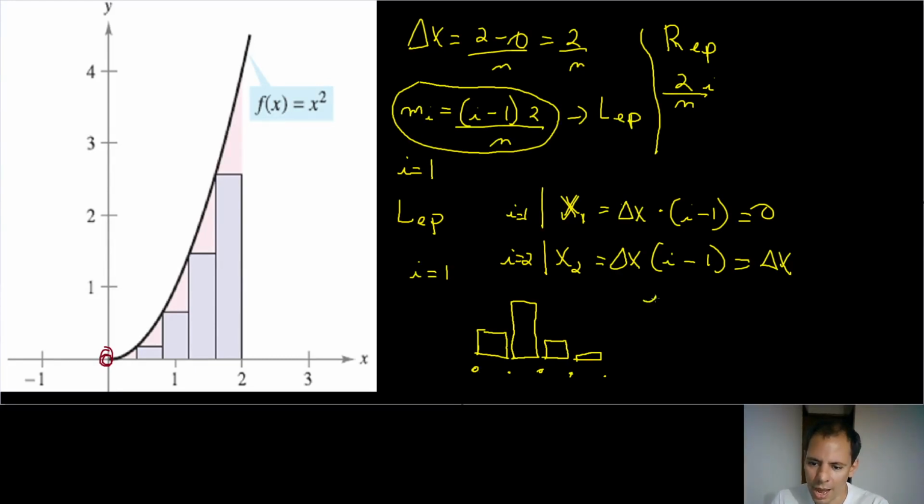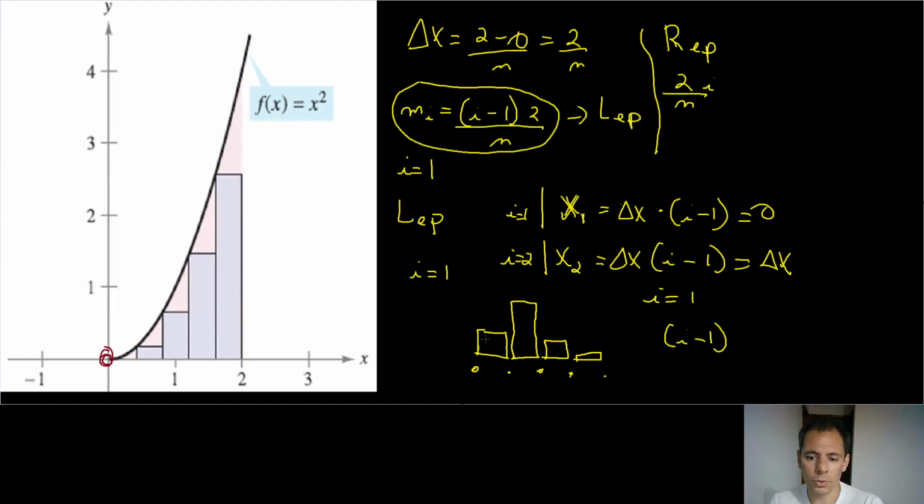For I equal to 1, because I always starts at 1, it's convention. For I equal to 1 in the left endpoint, do you want 1 times delta x? 1 times delta x is going to be here. But this is the right endpoint. That's not what I want. That's why you do I minus 1 for the left endpoint.